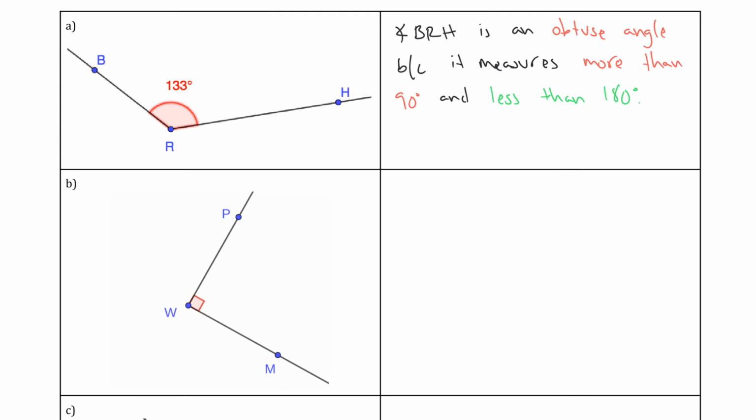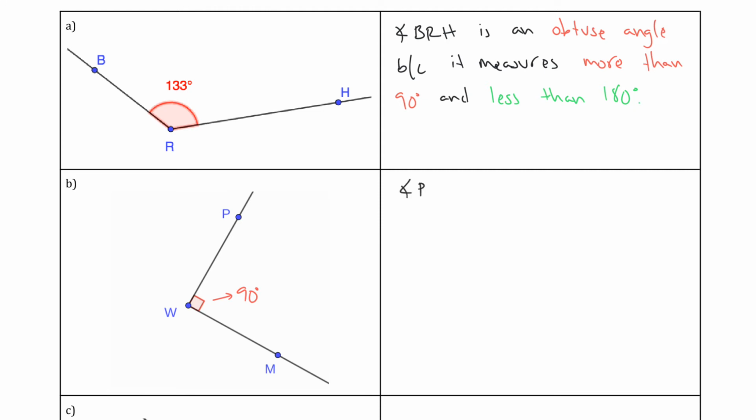All right, taking a look at example B. Now, in example B, the angle PWM or MWP. We notice this box mark on the inside of the angle. And again, this box means that our angle is 90 degrees. And the only angle that measures exactly 90 degrees is a right angle.